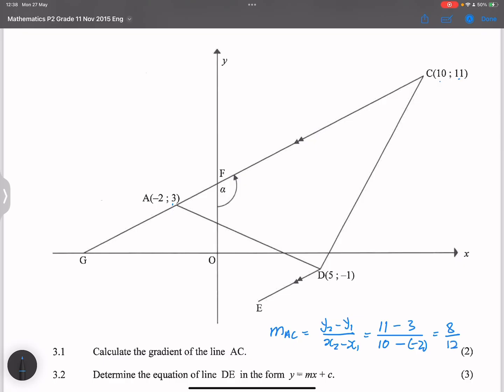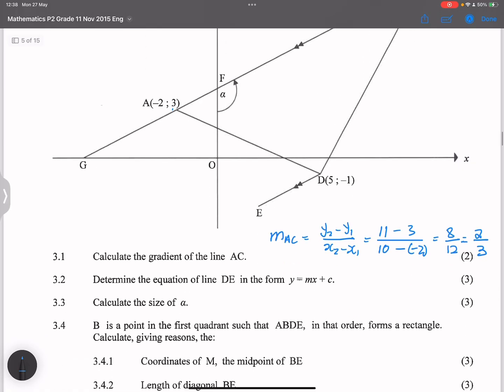Okay, so please note if I am going to simplify it, 4 is a factor in both. So 8 divided by 4 will give us 2, and 12 divided by 4 will give us 3. So the answer there is 2/3.